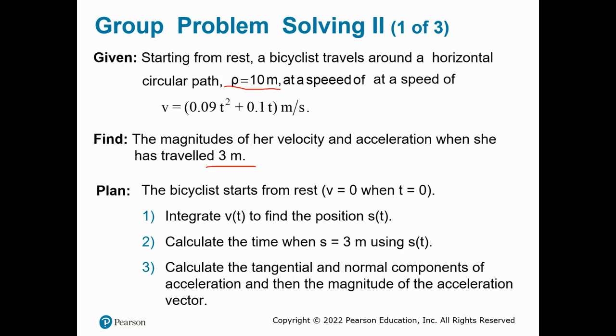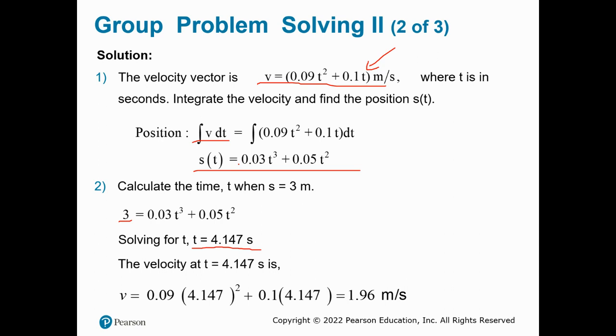We're looking for the magnitude of the velocity when we travel 3 meters. Using the velocity going backward, integrate to find the function of position with respect to time, and then we solve for t using s equals 3 meters, and plug that t back into our velocity equation, which gives us how much velocity will be at that time.